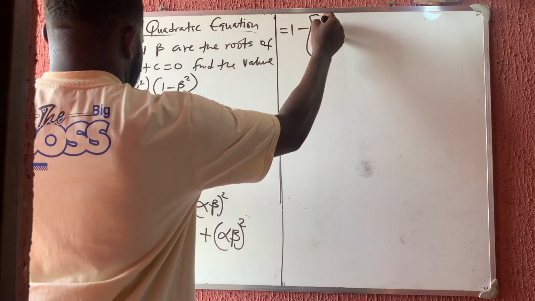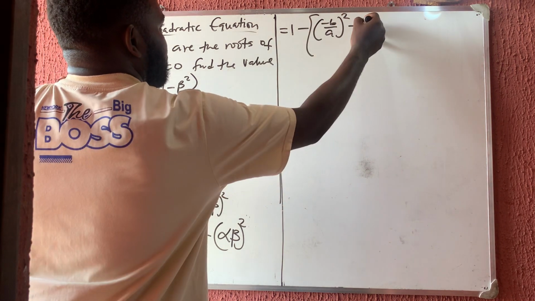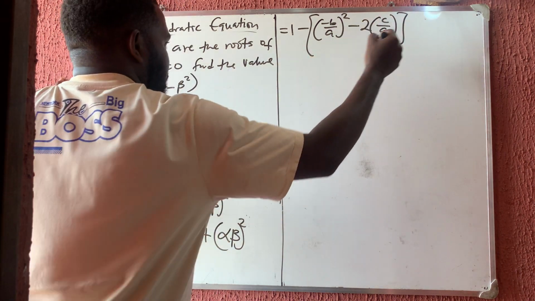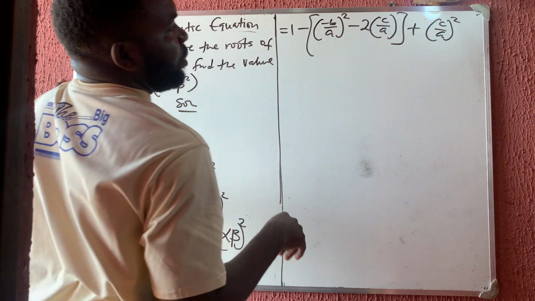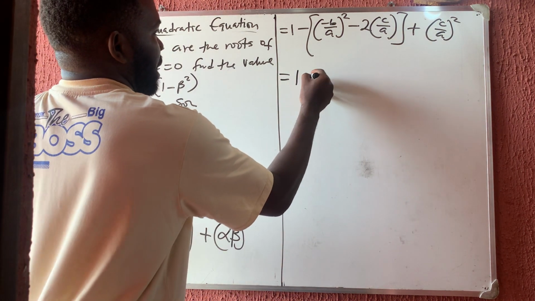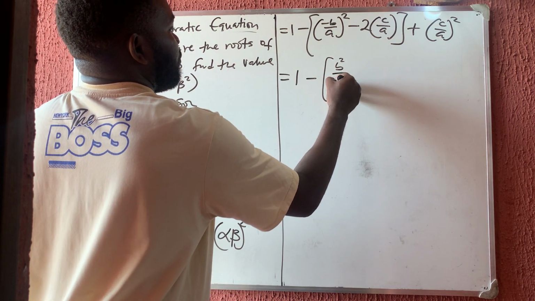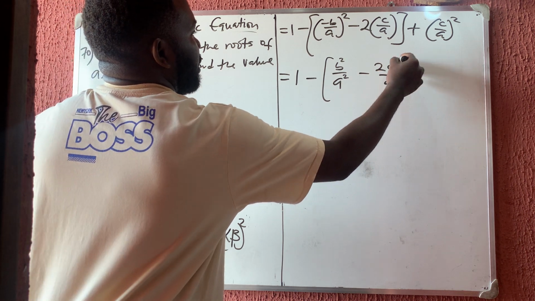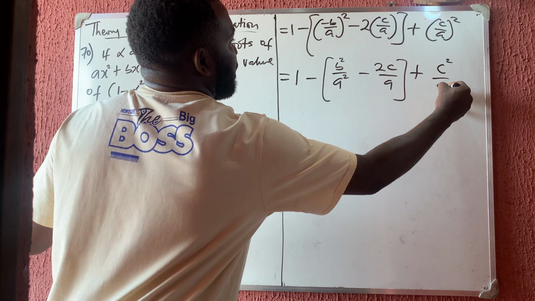over a. So I have minus b over a all squared minus 2 into c over a, you close. Then plus c over a all squared. So what do we have now? 1 minus b squared over a squared minus 2c over a, plus c squared over a squared.